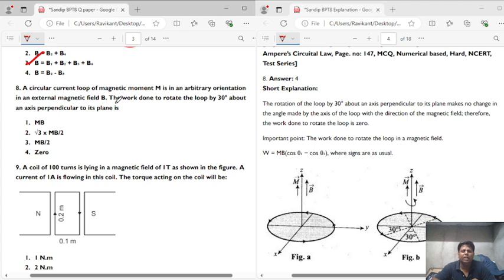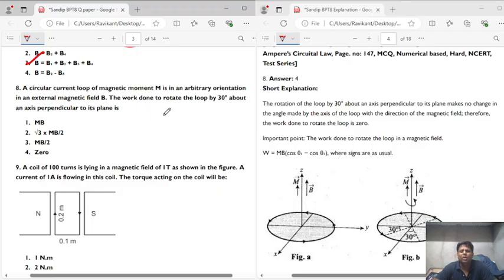See, rotating a loop about its axis would not change the angle between the B vector and the M vector. So there will be no work done, because there is no change in the angle. So there will be no work done in rotating the loop about its axis.